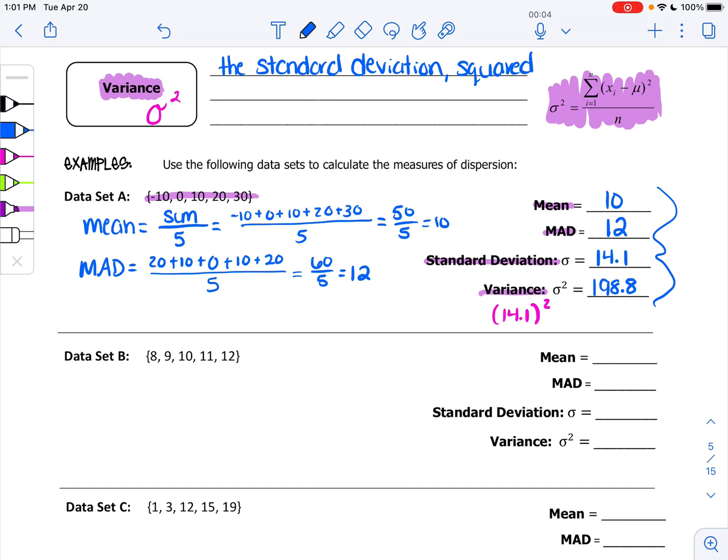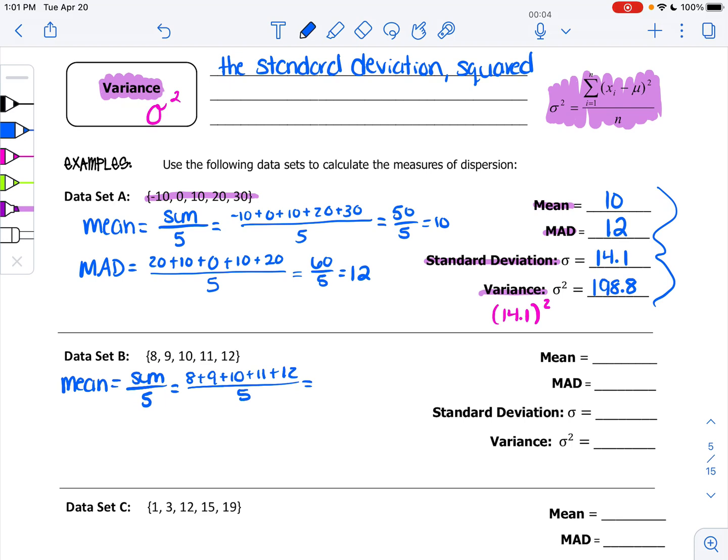So set B: 8, 9, 10, 11, and 12. We're going to start by finding our mean. So we're going to add them together and then divide by our total of 5. So 8 plus 9 plus 10 plus 11 plus 12 divided by 5.